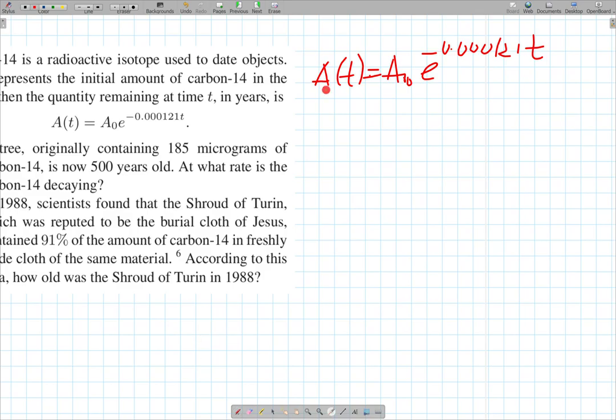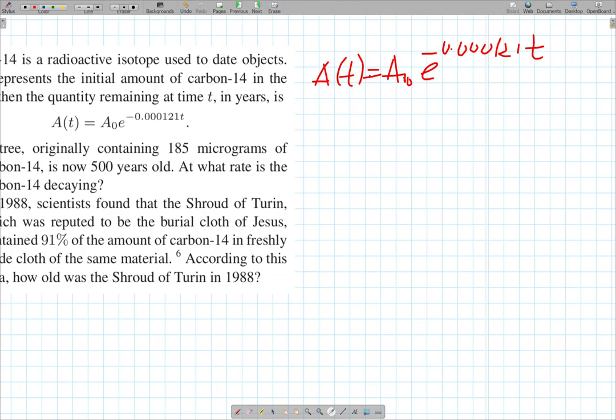Ano ang ibig sabihin ng A? That is the amount of the carbon 14. And then A0, that is the initial amount of the carbon 14. Then ang A is the amount of the carbon quantity remaining at time t. Okay? So, our t is time measured in years.